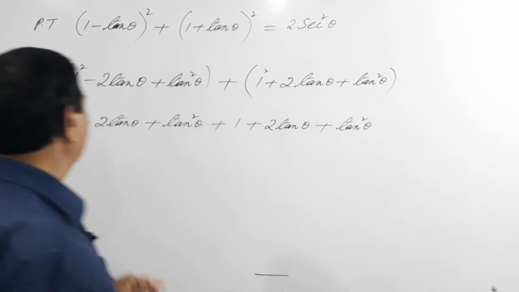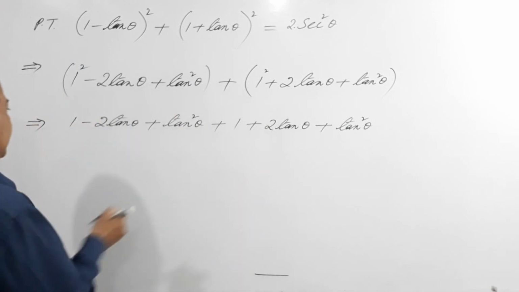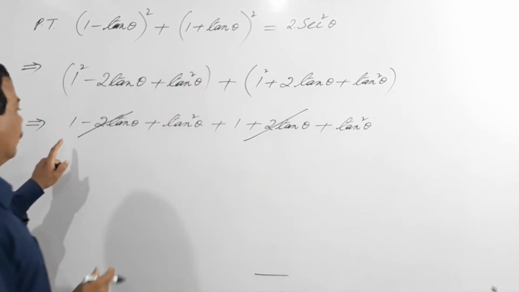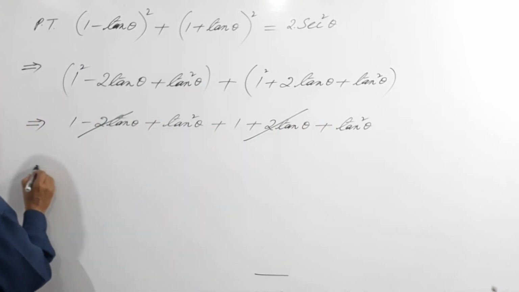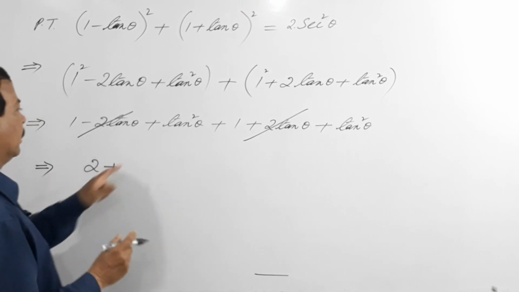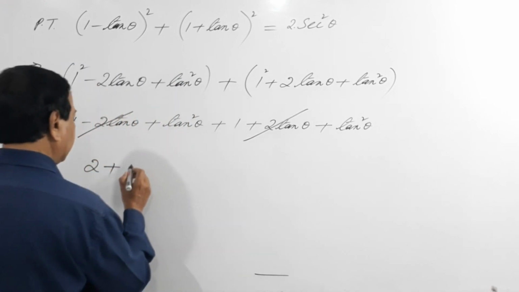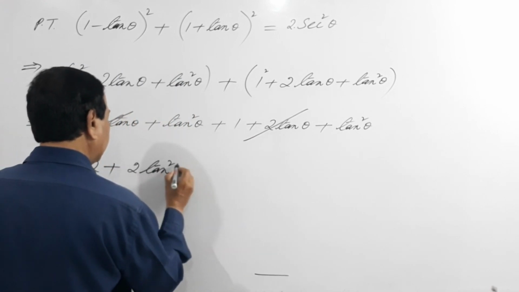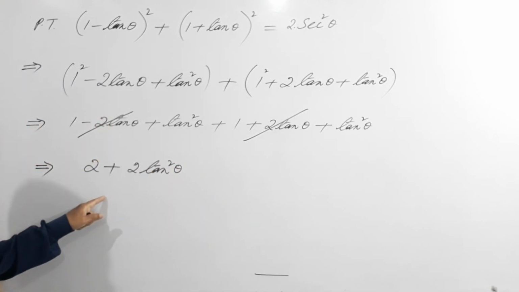So what happens here? Minus 2 tan theta plus 2 tan theta gets cancelled. So I'll cancel this, I cancel this. So you have 1 plus 1 is 2, that is 2 plus tan square theta plus tan square theta, 2 tan square theta. This will be 2 tan square theta. Done. What is common in this? 2 is common.